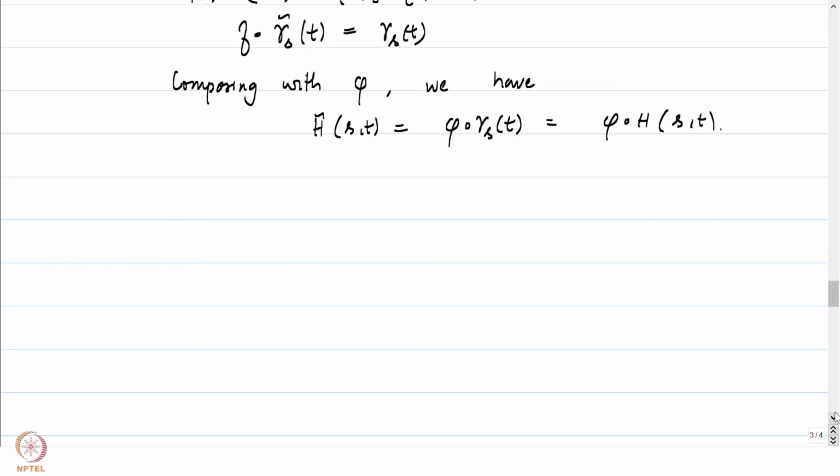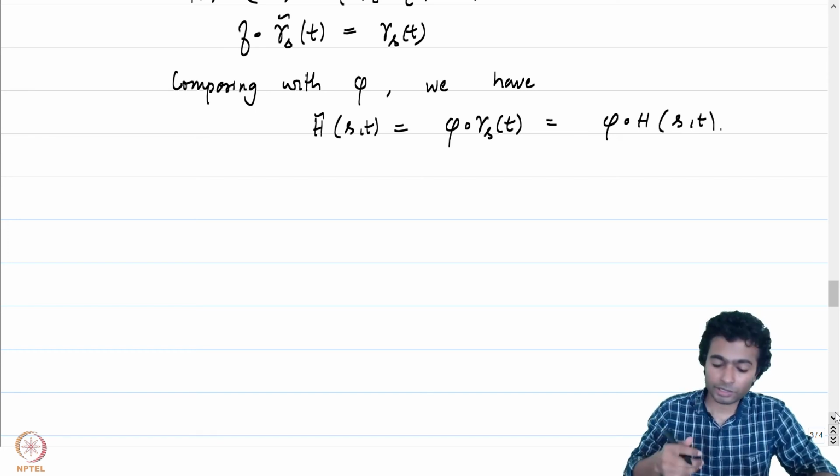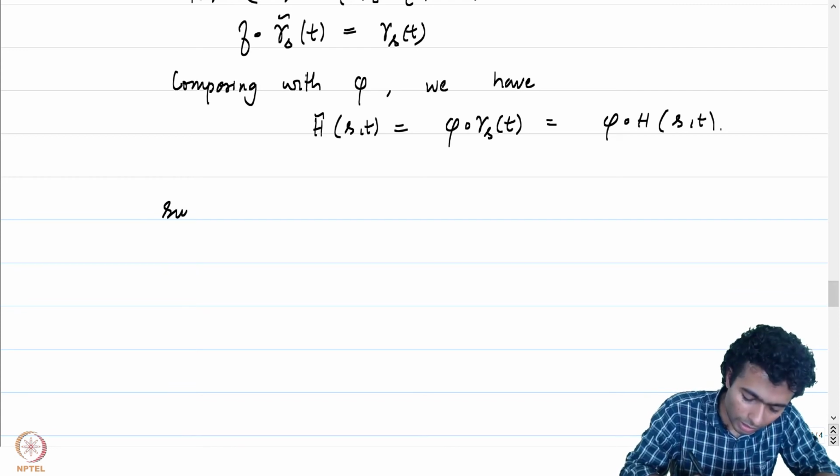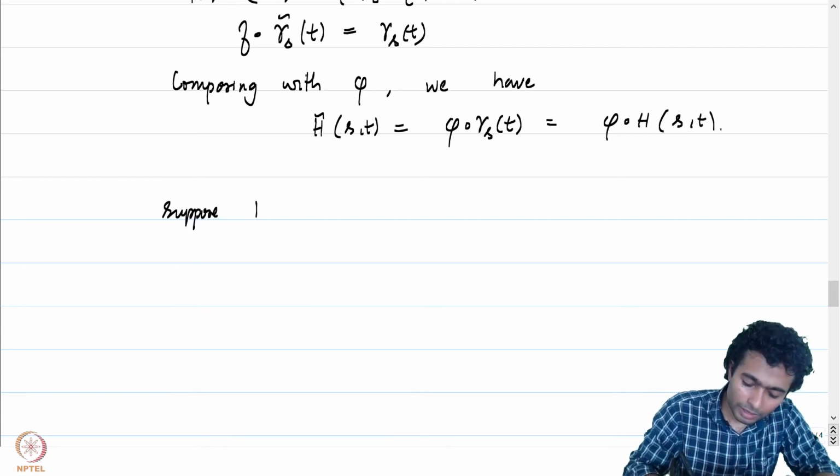Let's now prove that h tilde is continuous on [0,1] cross [A,B]. Suppose h tilde is not continuous on [0,1] cross [A,B]. Let's pick a point s naught in [0,1], and let t naught be the smallest point at which h tilde of s comma t is not continuous. Let me just write that down. Suppose h tilde is not continuous.